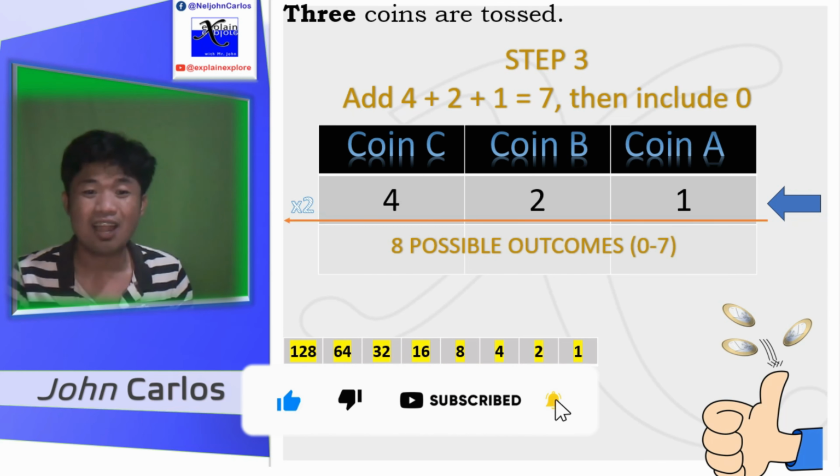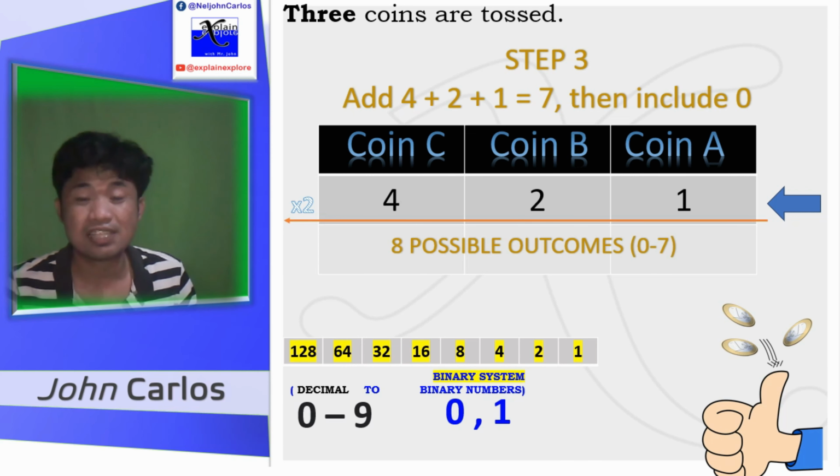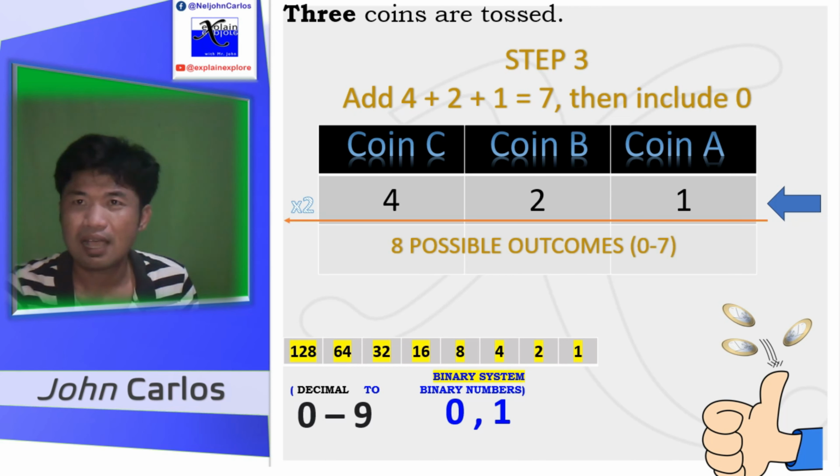So the total for 3 coins tossed is 8 possible outcomes. But what are they? Can we list them in a short time without any doubts or confusion? So let's proceed to determining the possible outcomes or combinations.